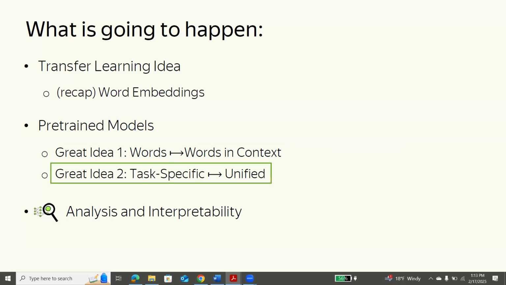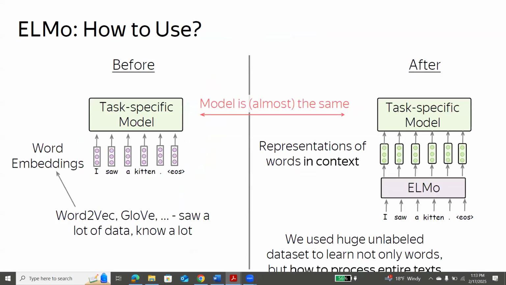The second great idea: we used a different model for different tasks, like one model for translation, another model for named entity recognition, and so on. Kind of like in your homework, you try different models and look at which combination of layers works better.